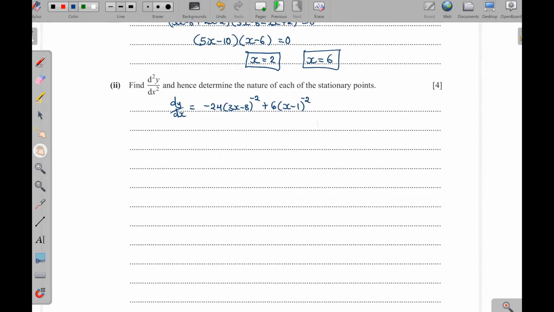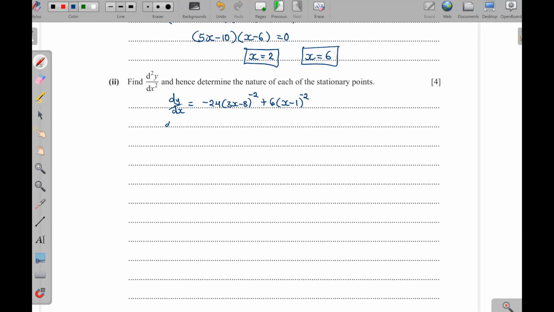Now the second derivative, you differentiate the dy dx again, because it is the same as saying d dx of dy dx. So the d, then the d, then it gives you the d squared y, then dx squared. But it is actually read as d2y dx squared.